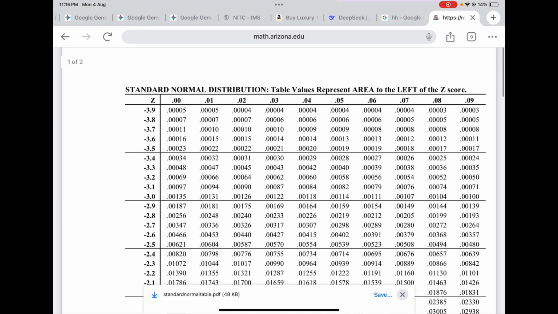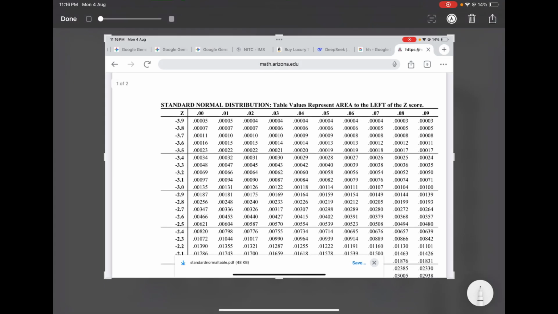That means, if you draw a curve like this, and for example let us take Z to be -3, so it is -3 here. The probability of Z less than -3 is 0.00135. So this area.